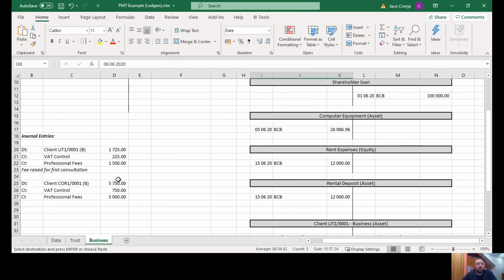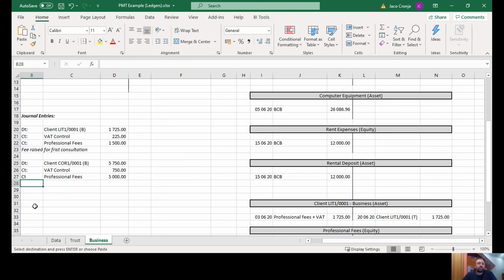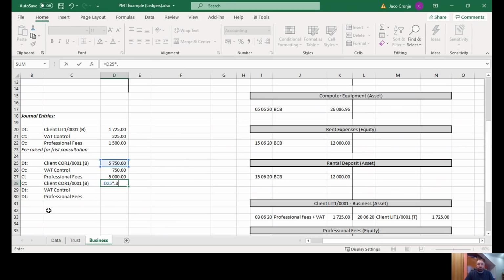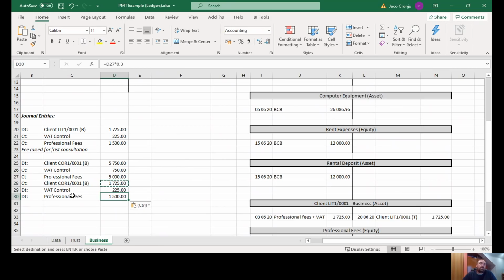Okay. So to complete my journal, I now basically have to show this reversal side as well. So we can do that by simply doing my first journal in total reverse. So I'm going to copy that, paste it there, and that times 30%.